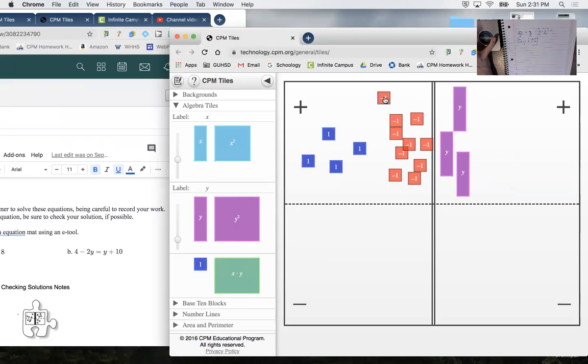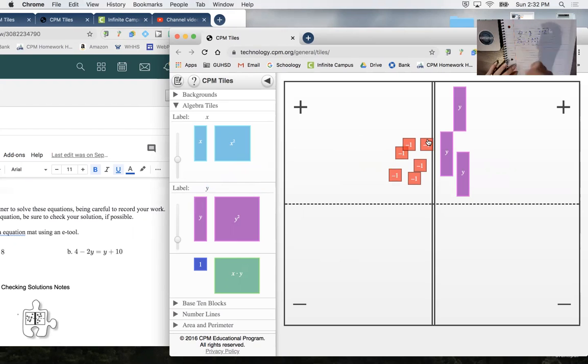Okay, so now I know that 4 of these right here are going to cancel out those. So I'm going to go ahead and take them out. And what I am left with from here is this right there. That's as simple as it gets. So I have negative 6 on this side.